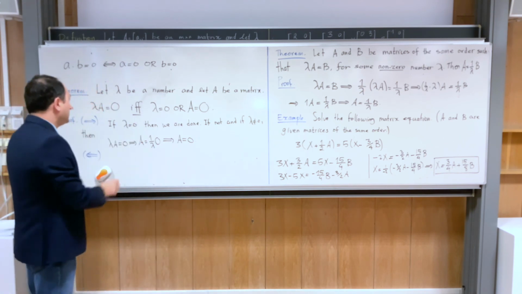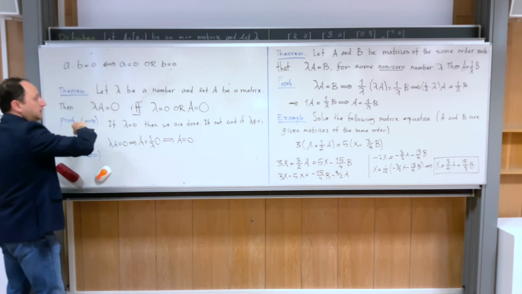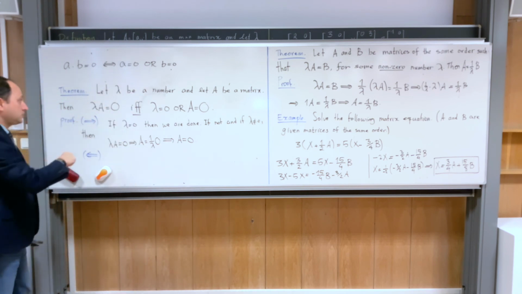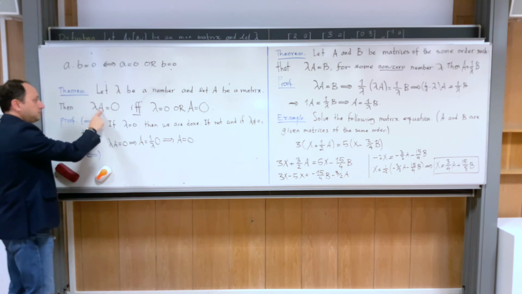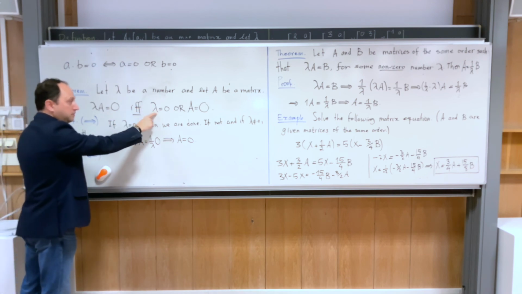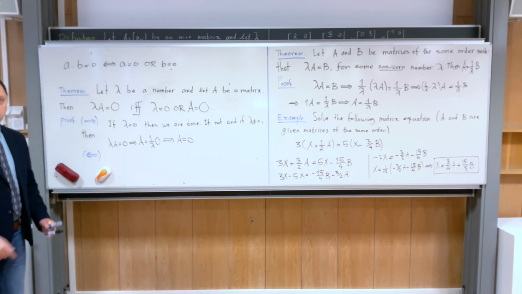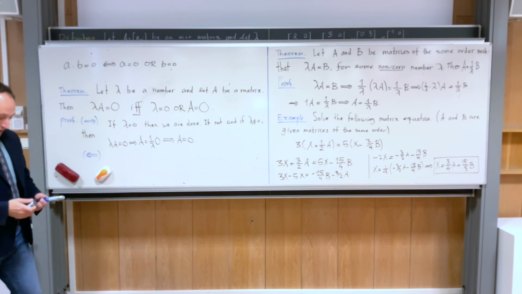So in principle, this is a similar idea to the zero product rule for matrices. A number multiplied by a matrix is equal to the 0 matrix if and only if either the number is 0 or the matrix is the 0 matrix of that order. Okay.